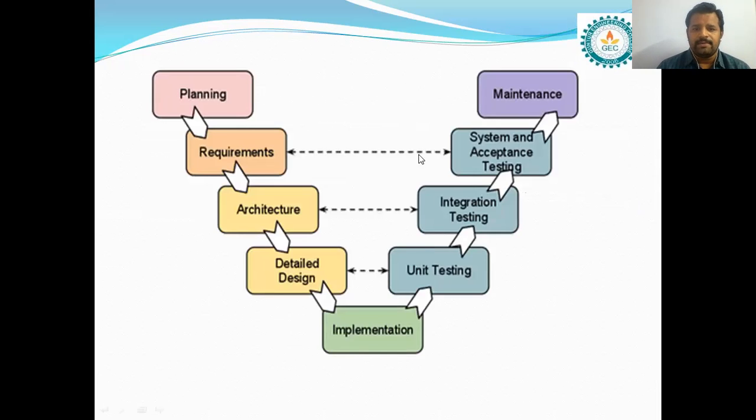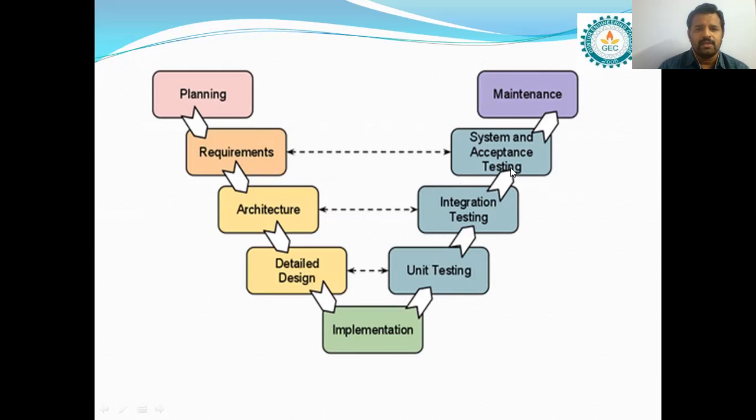Yes, this is the diagram of the V model. It contains different phases like planning, requirements, architecture, design, implementation. Parallelly, for each and every step, we are performing the testing, like unit testing, integration testing, system and acceptance testing.